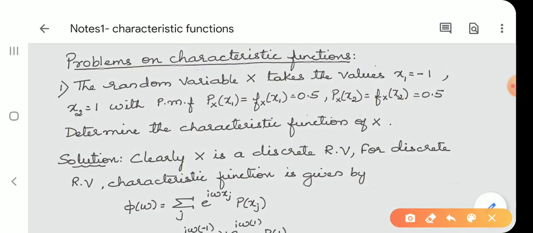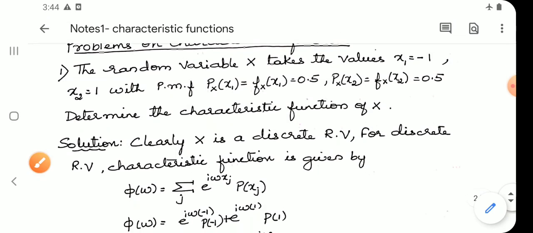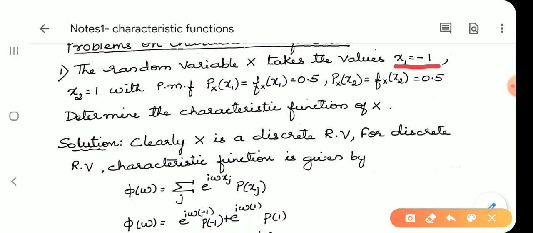The random variable x takes the value x1 is equal to minus 1 and x2 is equal to plus 1 with PMF Px of x1 is equal to 0.5, Px of x2 is equal to 0.5. Now we have to determine the characteristic function of x.